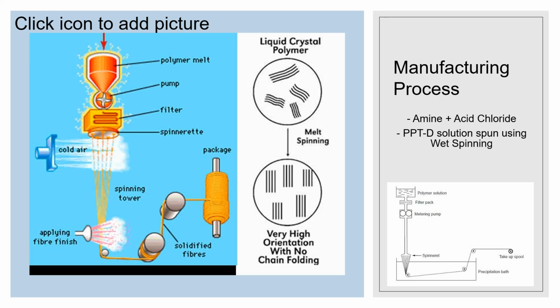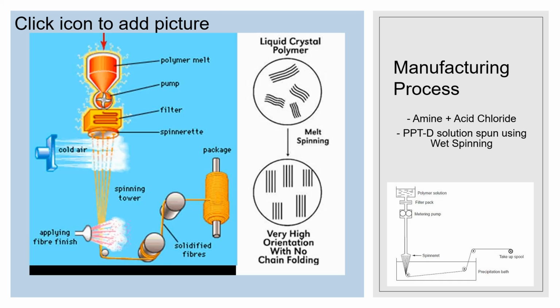The chemical composition of Kevlar is created through a condensation reaction using a combination of an amine, paraphenylene diamine, and an acid chloride, terephthaloyl chloride. To create Kevlar fibers, the PPTA solution is spun using a process called wet spinning.